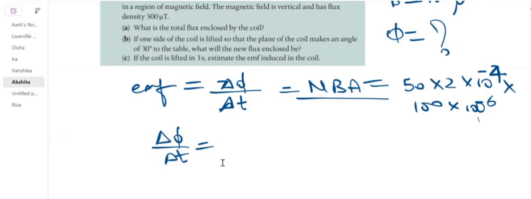T is 2. The answer is 5 into 10 raised to minus 9.